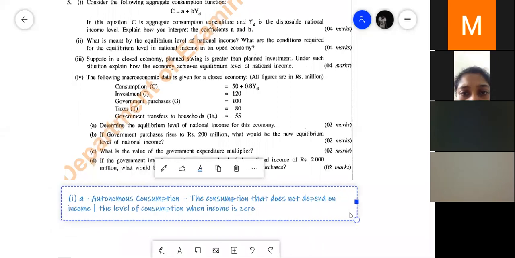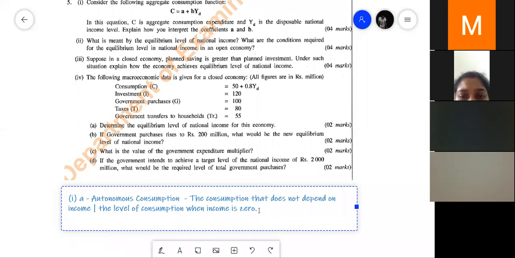In addition to that, is there anything else that you can add for your A part? For 2 marks, I think we'll need one more small point. Just that is not going to be enough.